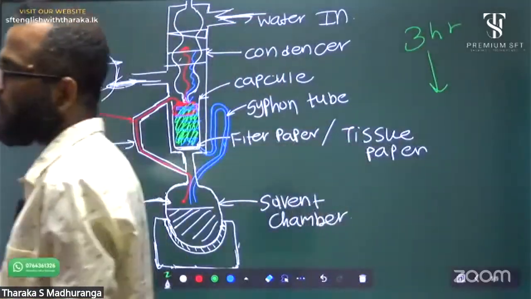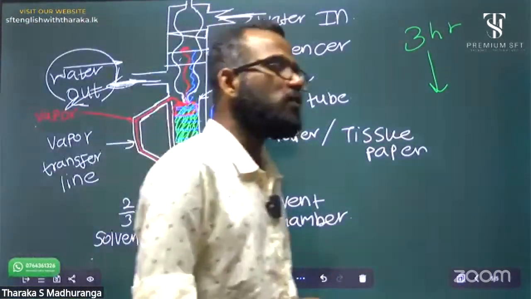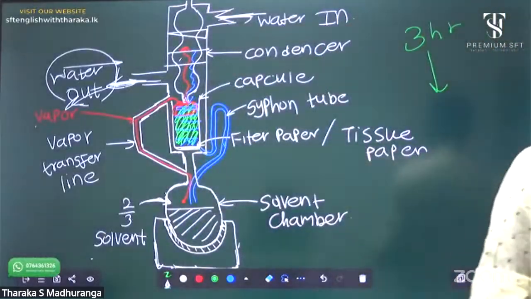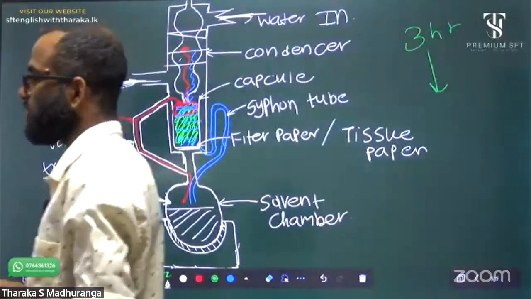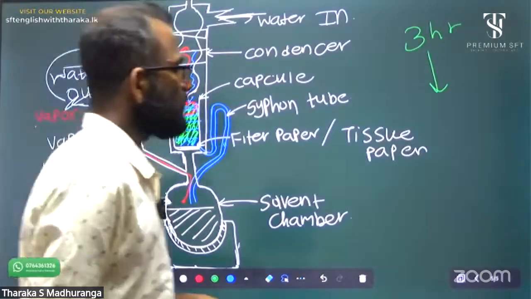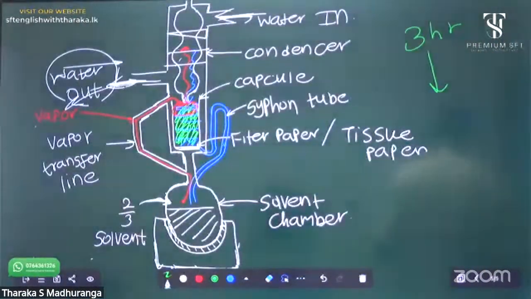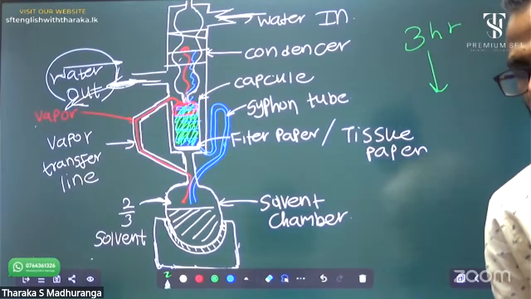Refluxing method. Okay, if you have any doubt, you can ask, and if you want, you can note down and mark anything. I'll give you 1 minute. After that, we are going to the next extraction method. If you have any doubt, now you can ask. Quickly ask.